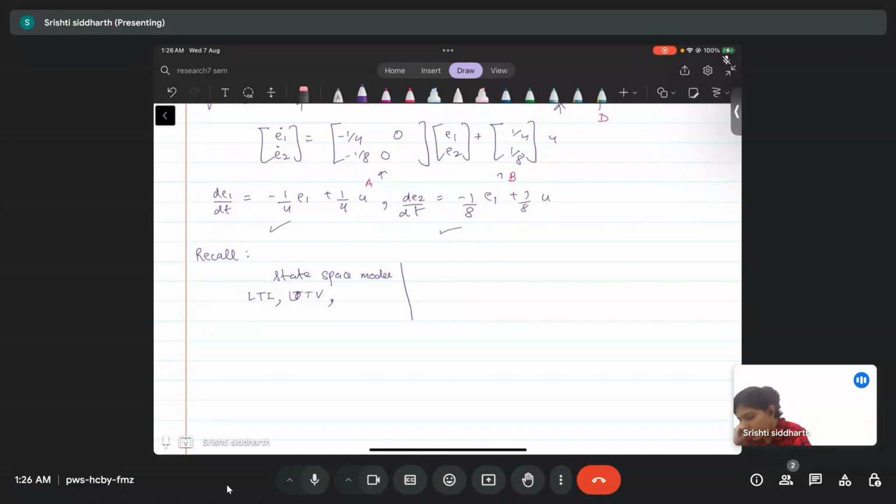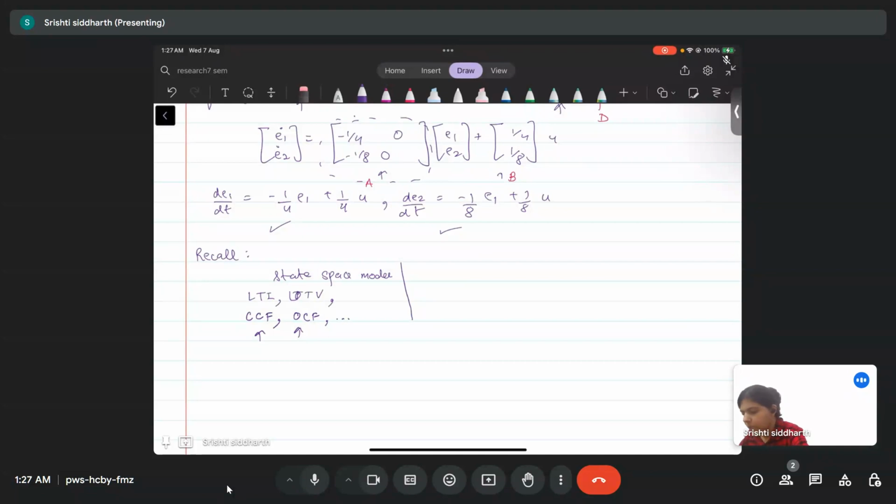And then you saw in the lecture that we can actually give some special forms of these A, B, C, and D matrices. That was controllable canonical form, observable canonical form, and some more canonical forms. And you will see later in the course why these forms are needed.